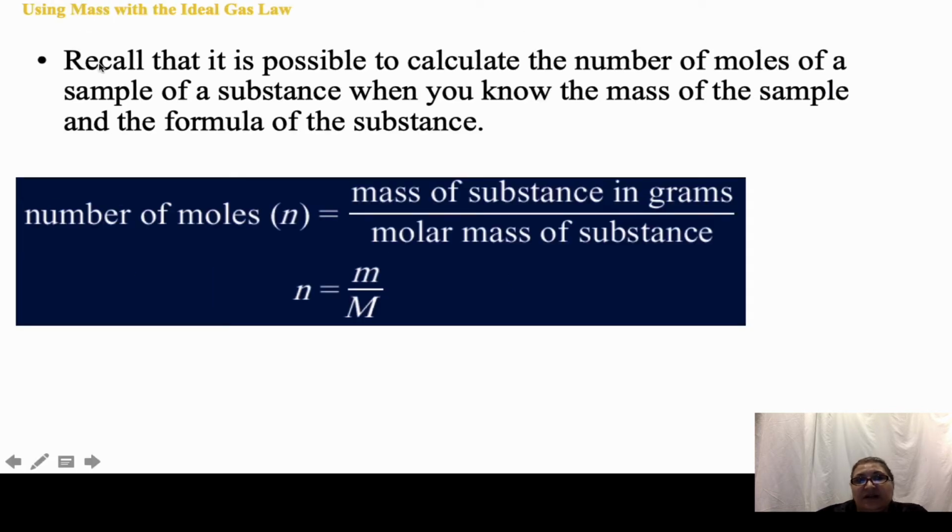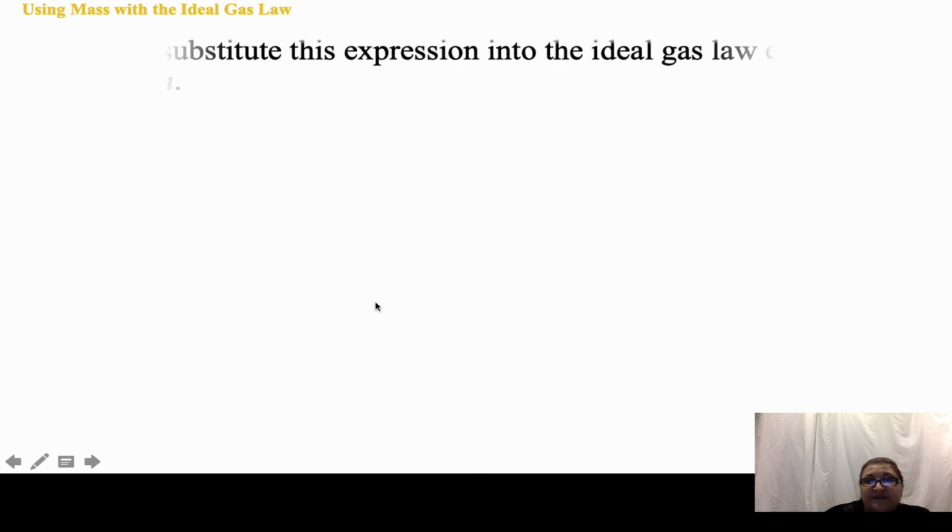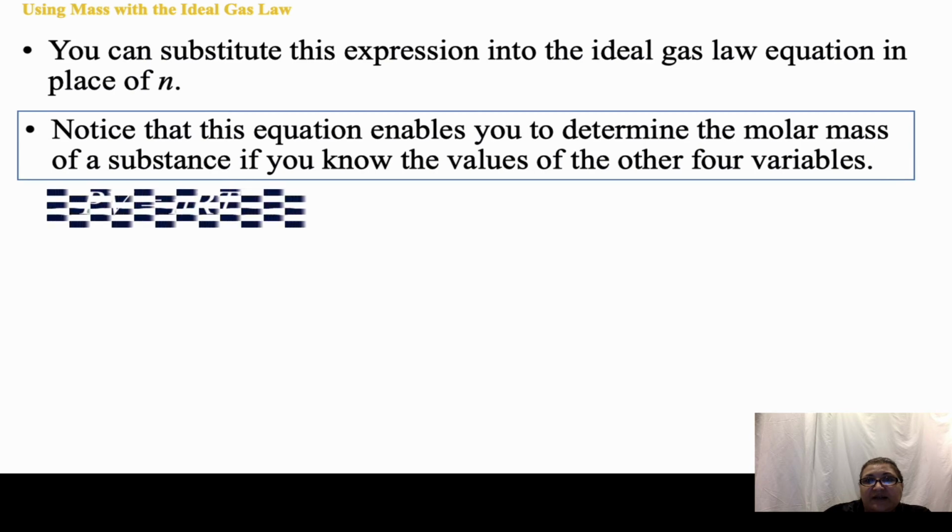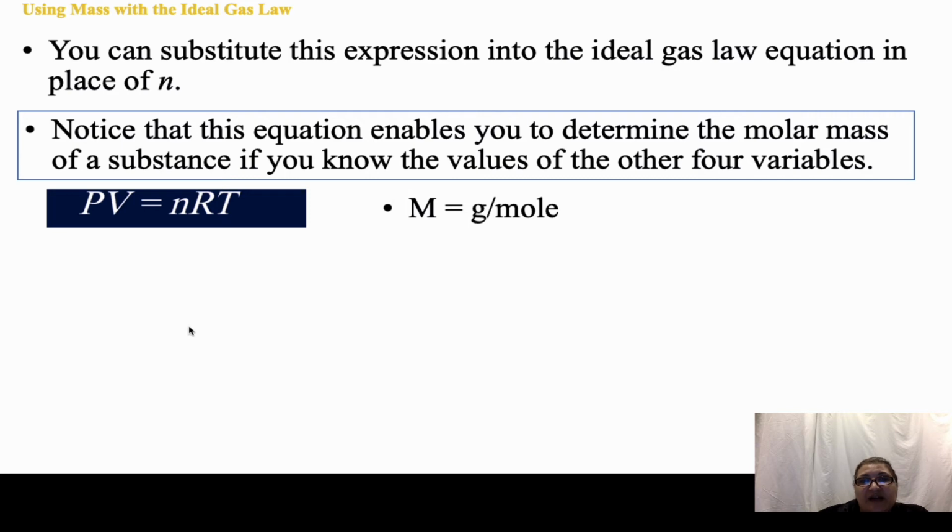Now, we have to use the mass as well to find the molar mass instead of n. We remember from previous chapters that molar mass equals grams per mole. So moles equals grams divided by the molar mass. So n stands for moles, m is for mass, and M is for molar mass. Now we have to substitute. We have PV equals nRT.